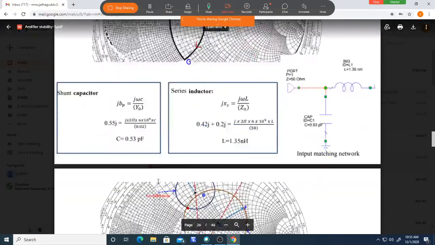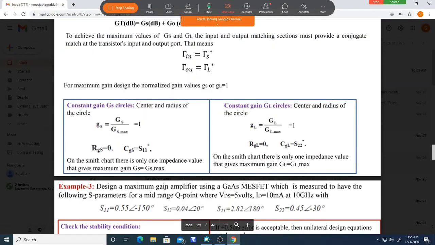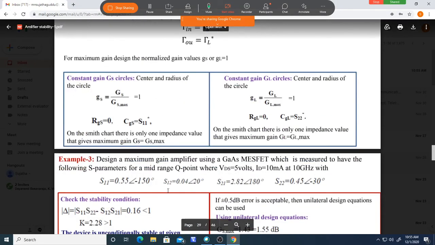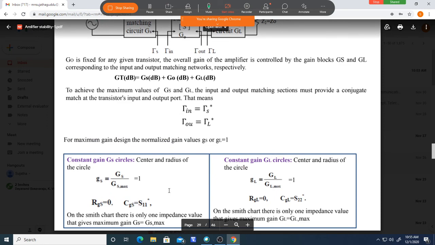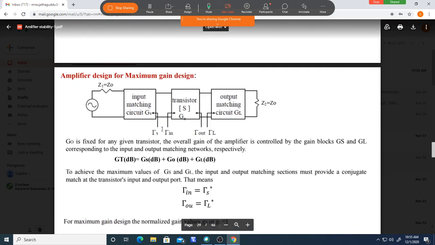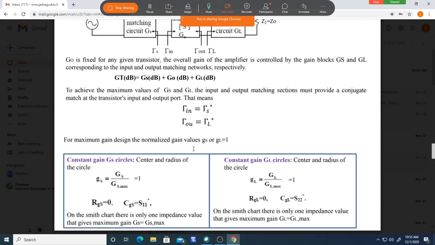But in the maximum gain amplifier, there is no circle. GS and GL become single points. So here ZS and ZL are single values, equal to S11 complex conjugate and S22 complex conjugate.